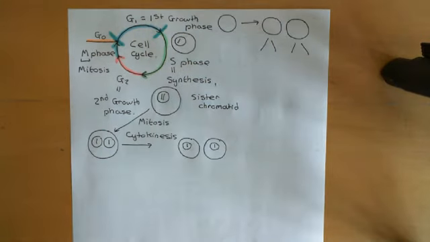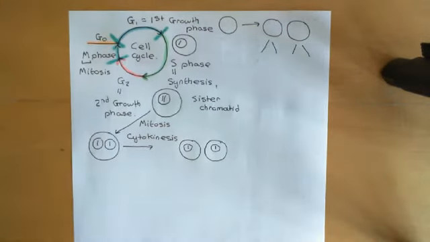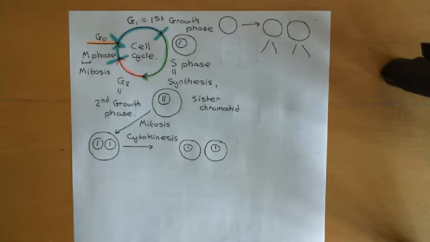And then finally, another important checkpoint is the G2M checkpoint, which is where you begin this very dangerous process of actually splitting the nucleus apart and splitting the cell apart. That requires incredibly well orchestrated cell processes, okay?